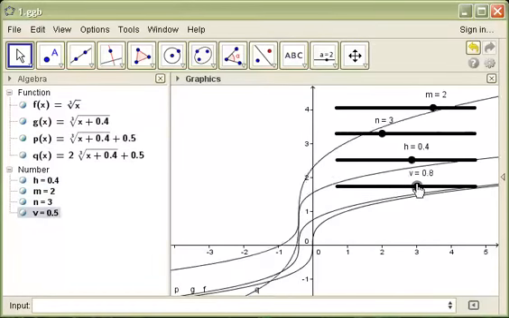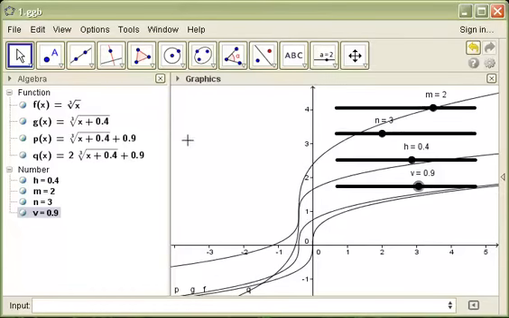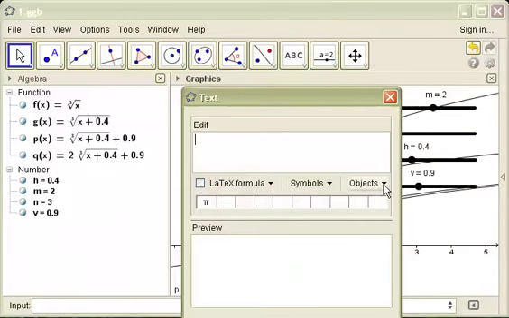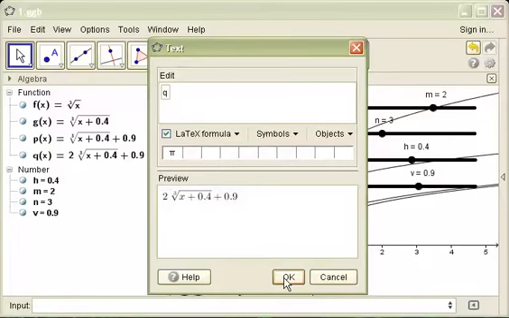So this is okay. Now we need to put this equation in here, right? Not the algebra view. When you put that one over here, it has a little name, right? So just choose q for that, and it shows all the commands actually. By selecting LaTeX formula, it produces the exact math equation form.